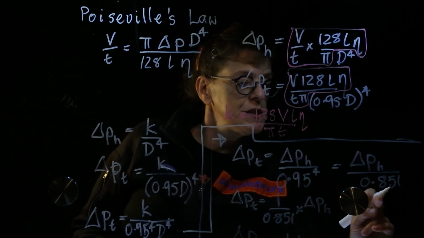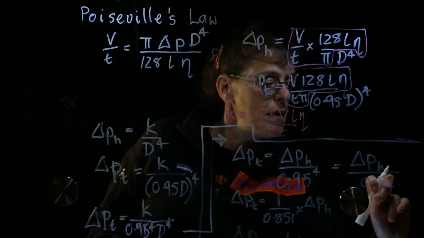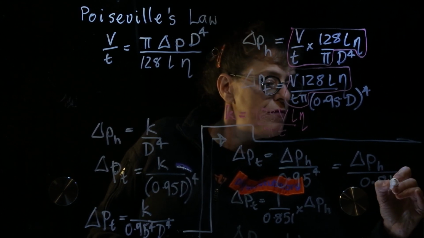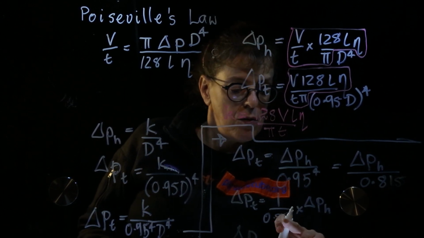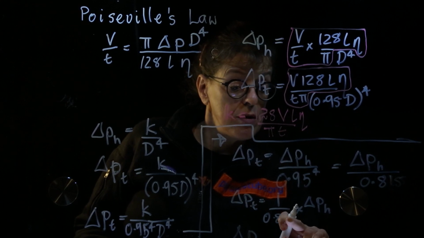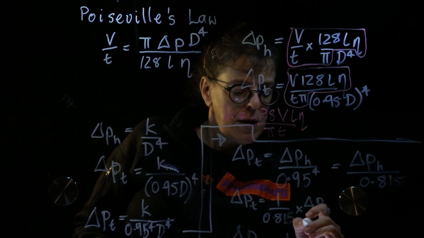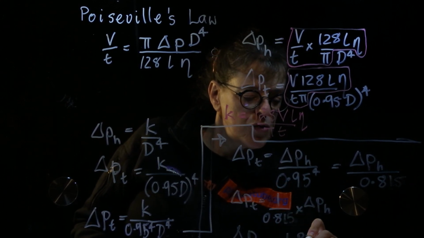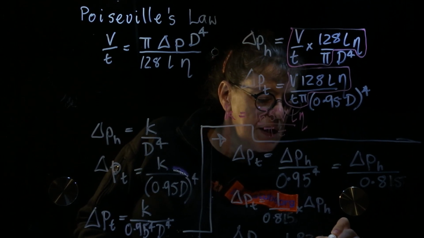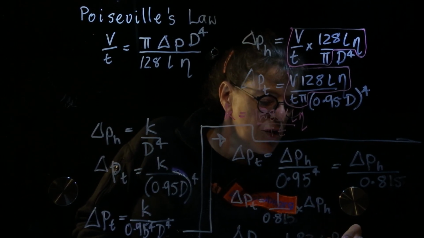Oh, actually this is a lie. This should be 0.815 and this should be 0.95. I have a typo. 1.23 times the delta P healthy.